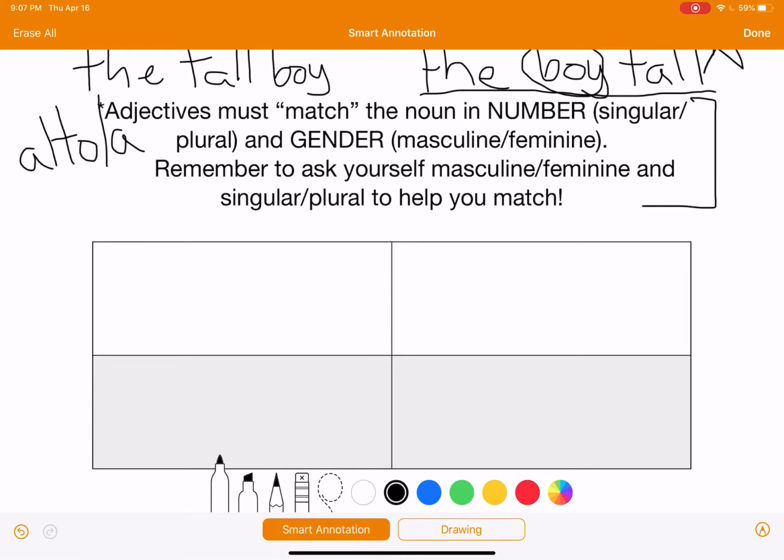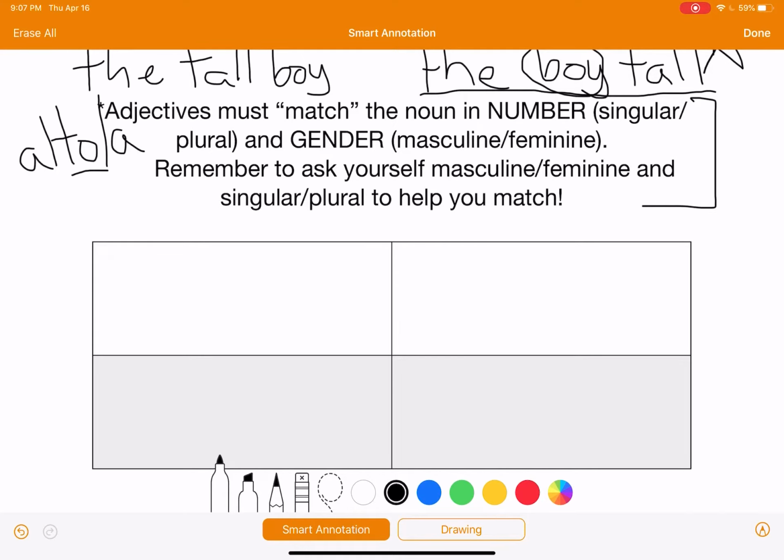The adjectives must match the noun in number and gender. So if you ever have an adjective like auto, where it ends in that letter O, it is possible for that last letter to change. Now, this is something that's completely different from verb conjugation because this is not a verb, this is an adjective. Okay, this is adjective agreement.